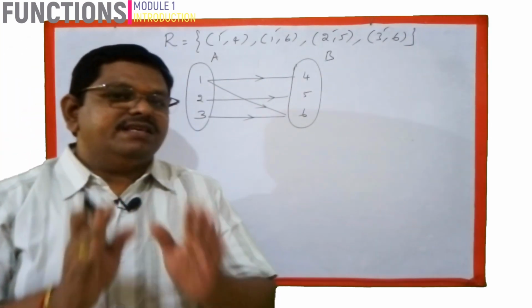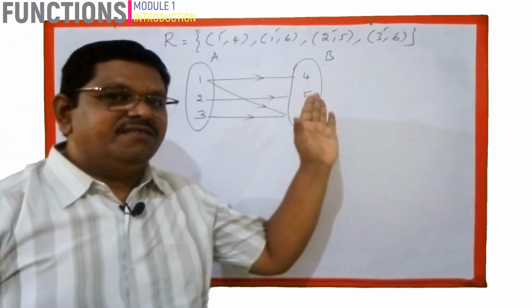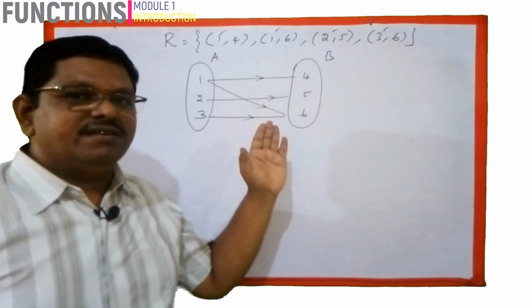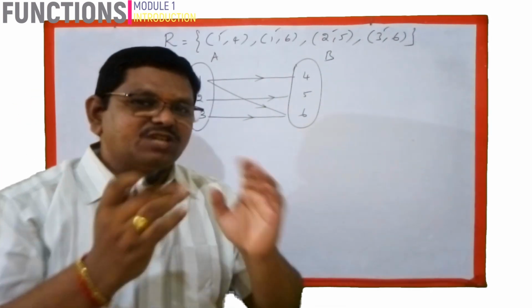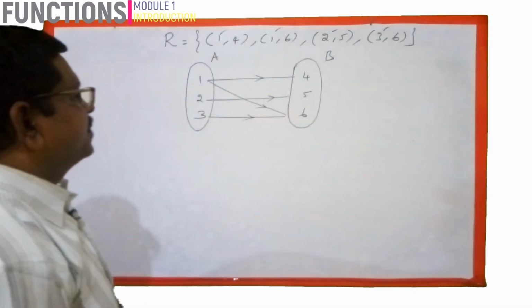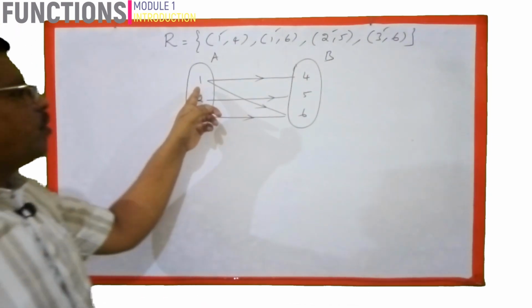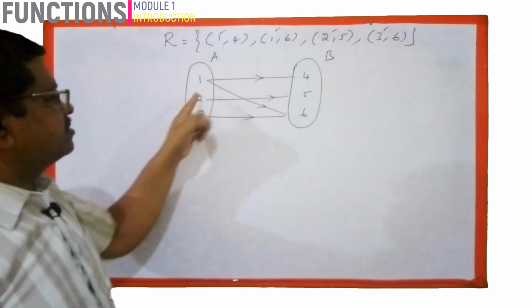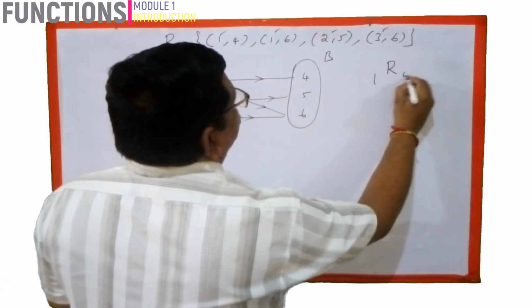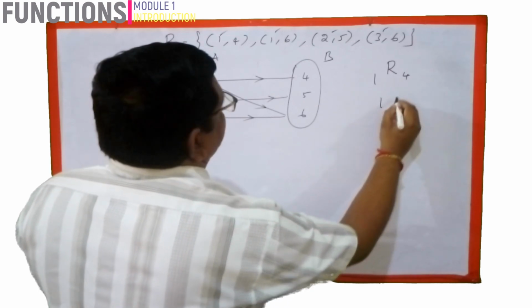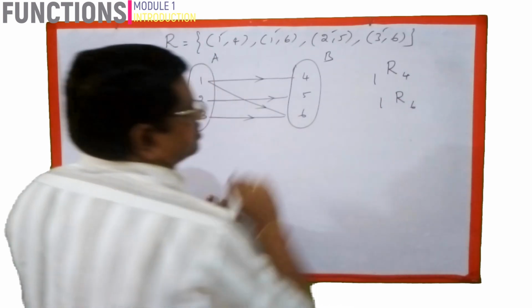Remember, this is a relation, whereas this is not a function. How is it not a function? That's what we are going to discuss. Here the element 1 has 2 images, so we can write 1 is related to 4, similarly 1 is related to 6.